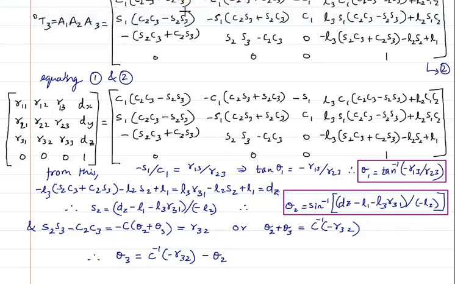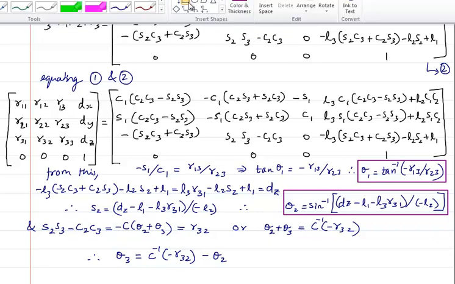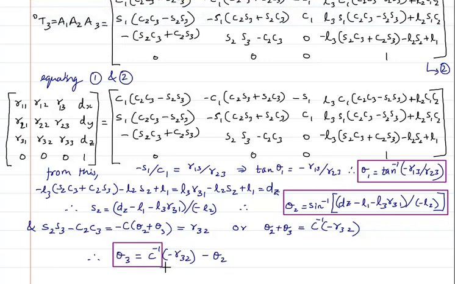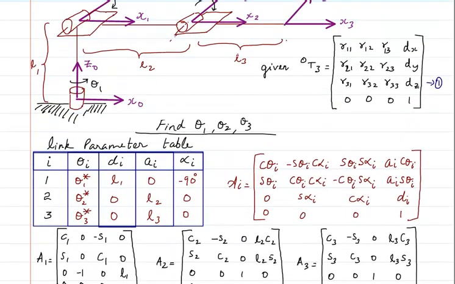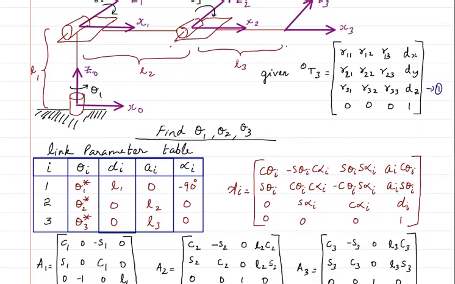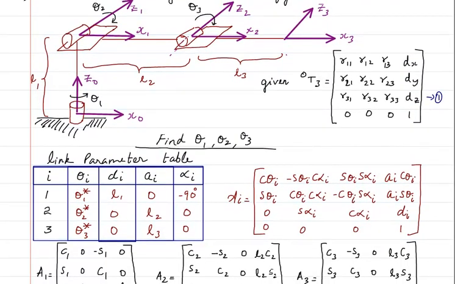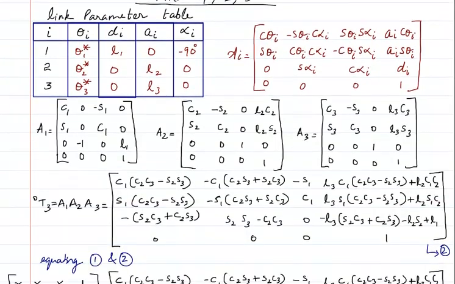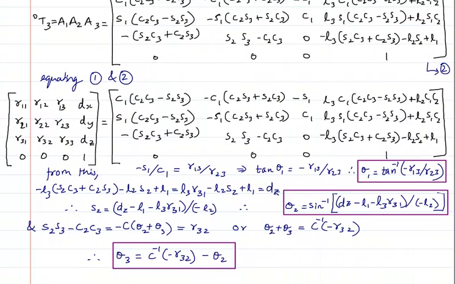Let me put that also in a box so that we get all the answers correctly. So that is theta 3. With that, we have found how to find the inverse kinematics for an articulated robot. That means, given a matrix like 0T3, how do we find theta 1, theta 2, theta 3? Thank you.